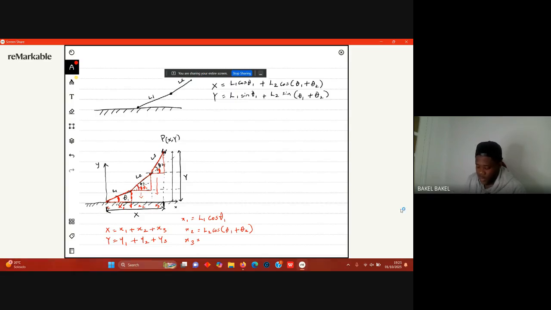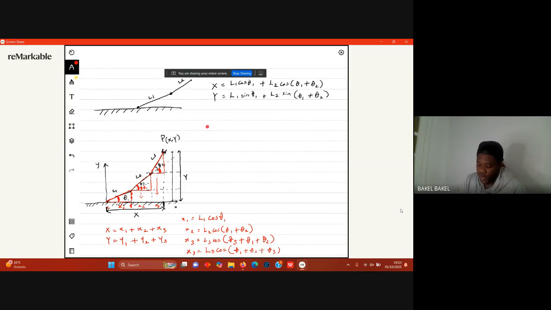So what we'll have is L3 cos theta 3 plus these two angles, this particular angle that is up here. This is just simple geometry and corresponding angles, in case you don't know. So it becomes theta 1 plus theta 2. Then if you simply rearrange, x3 becomes L3 cos theta 1 plus theta 2 plus theta 3.